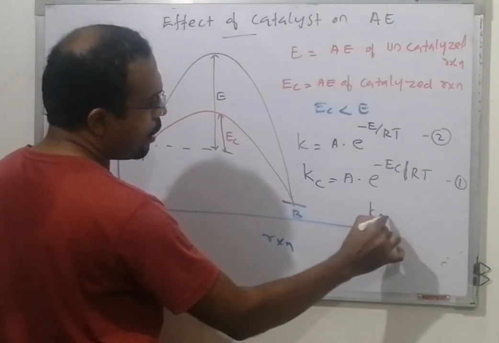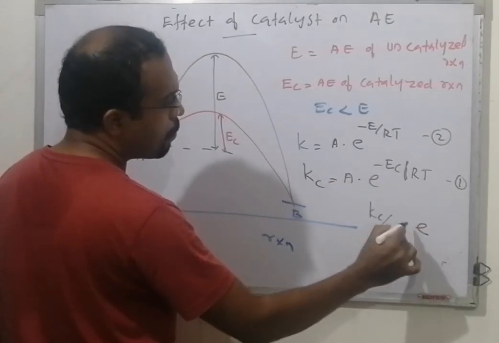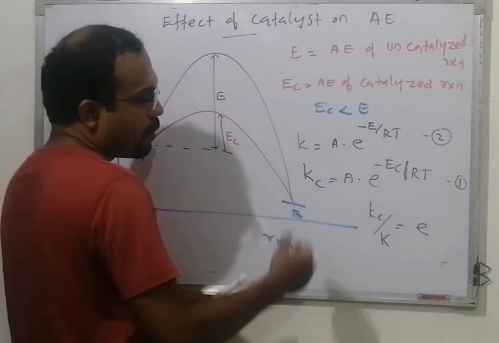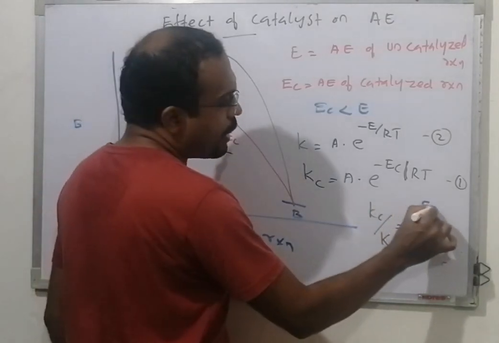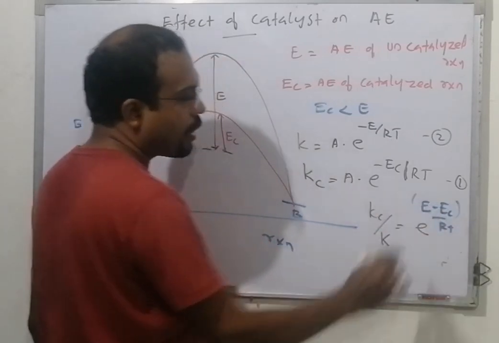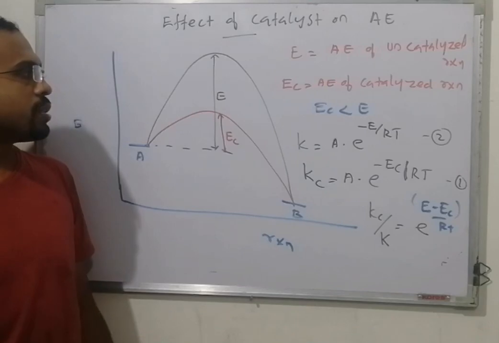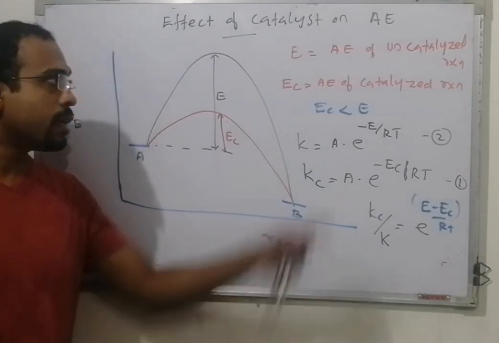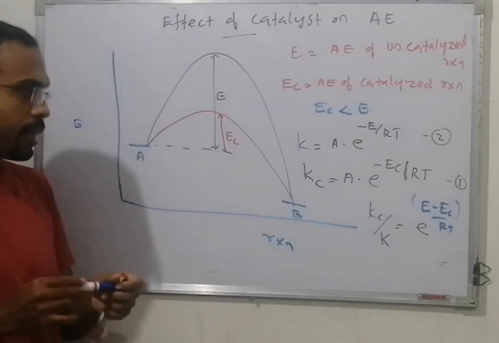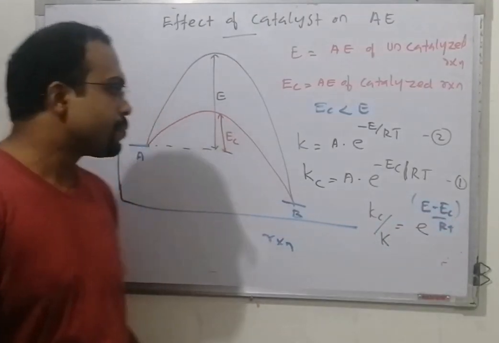Therefore, Kc by K, and A cancels, is e raised to E minus EC by RT. Very, very important. What is E? Activation energy of uncatalyzed, and EC is activation energy of catalyzed. Remember, E uncatalyzed, EC catalyzed.